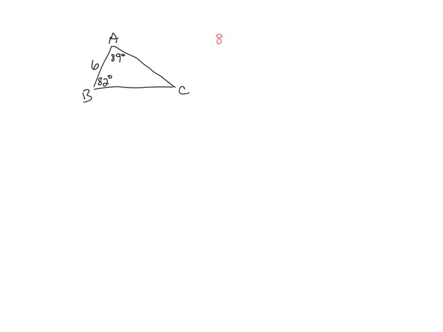I know two angles and I can figure out the third angle. It's probably not the greatest drawing. I probably should have made the 82 a little bit smaller, but you know what, we're here so far. So C is 9 degrees.